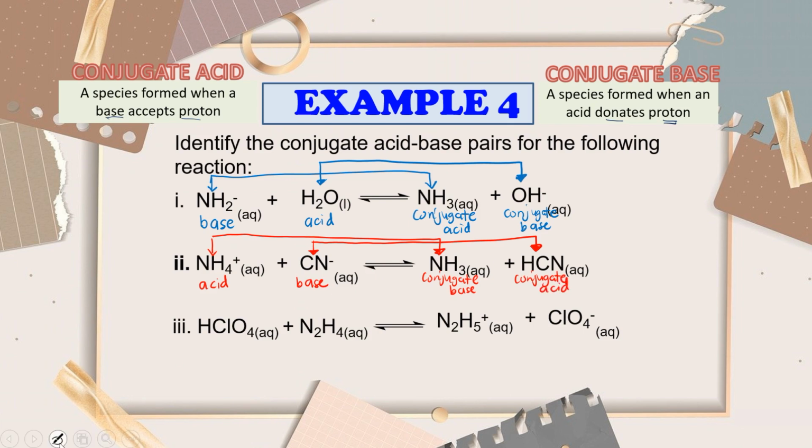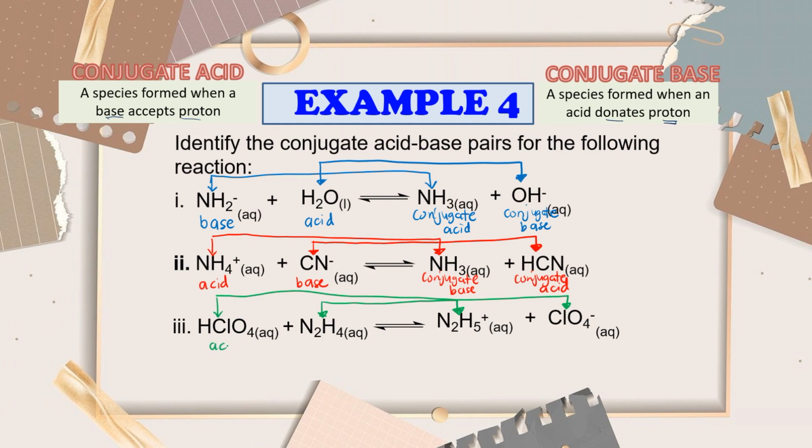Next, number 3. First of all, you have to find the pairing. Now we compare: HClO4 becomes ClO4 minus, meaning HClO4 donates a proton and becomes ClO4 minus.